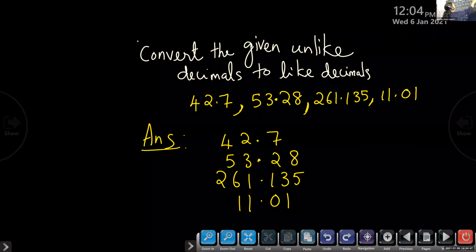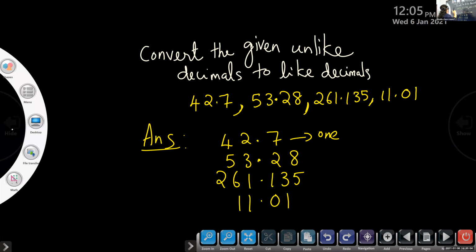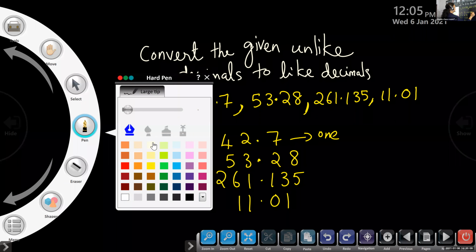Okay, Devak, what do we have to do first? First step: count the digits. Count the decimal places. Here I have only one decimal place. Here, one.